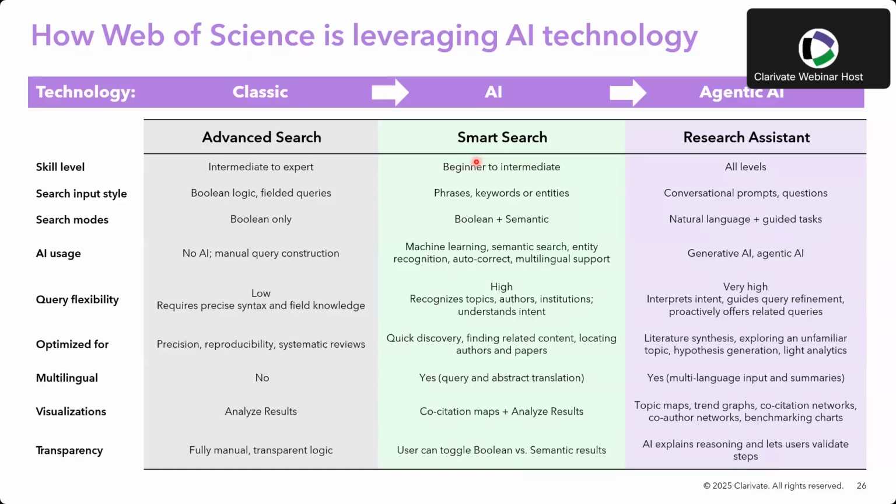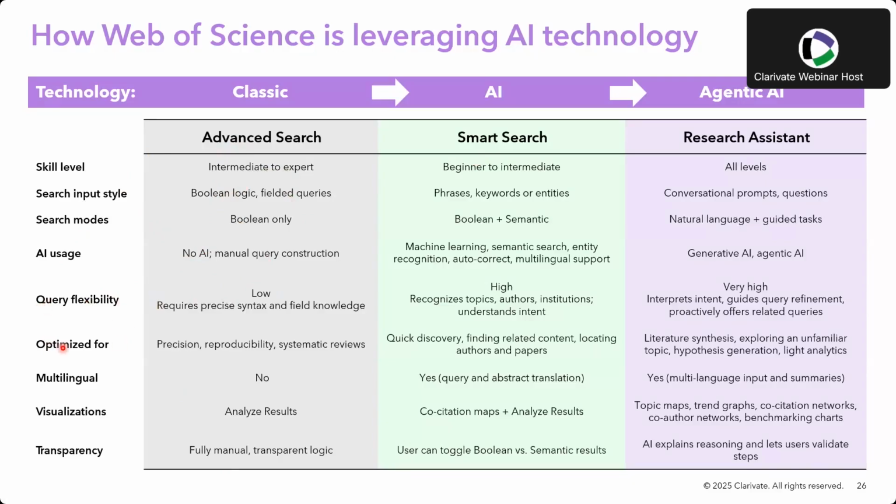So how Web of Science is leveraging AI technology. In terms of classic technology, that's basically the advanced search. It's really for intermediate expert users based on Boolean fielded queries, only Boolean, no AI. You build your query manually.